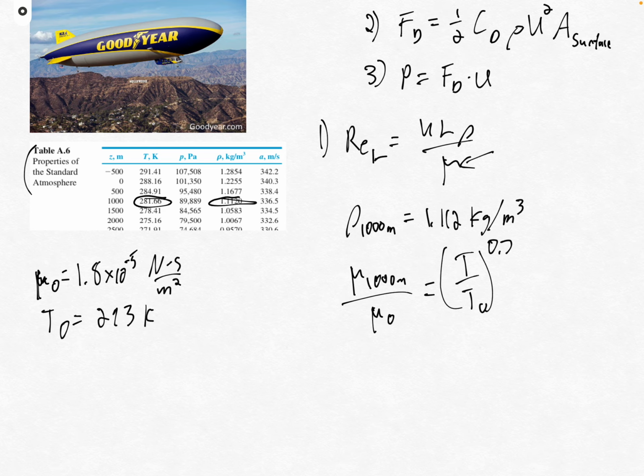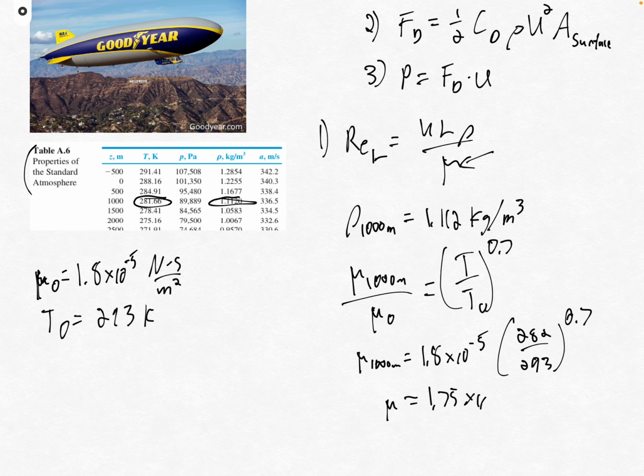So at 282 Kelvin, mu at 1,000 meters is equal to 1.8 times 10 to the minus 5 times 282 over 293 to the 0.7. And so mu is going to be roughly equal to 1.75 times 10 to the minus 5.